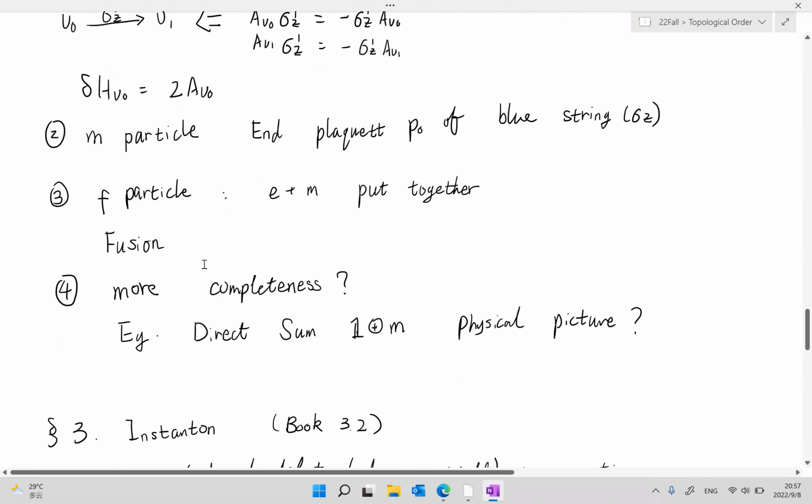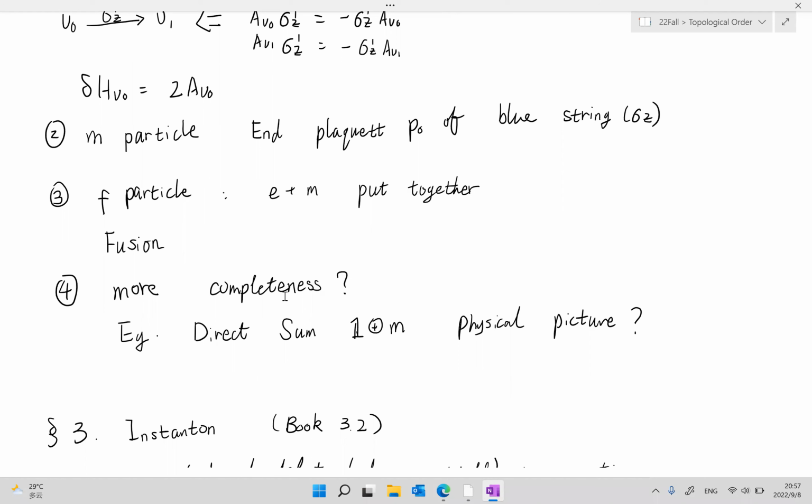I have some questions. How do we find a complete set of excitations? Say you give us a Hamiltonian or a model, how do we get a complete set?